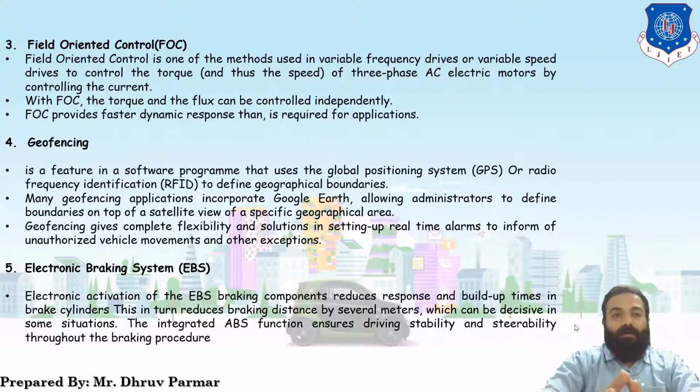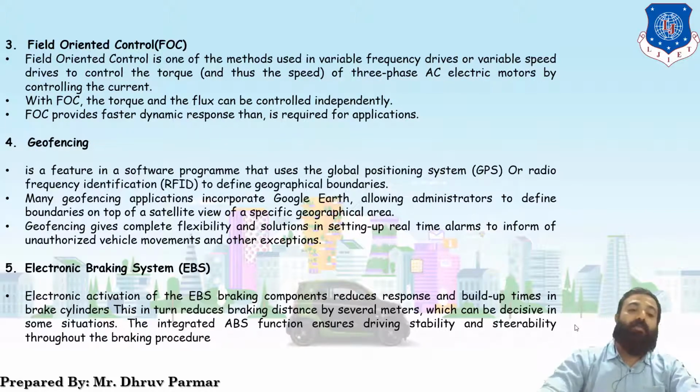This feature gives complete flexibility and a solution for setting up real-time alarms to inform about unauthorized vehicle movements and other exceptions. It gives alarms to the driver, informing about unauthorized vehicle movements.